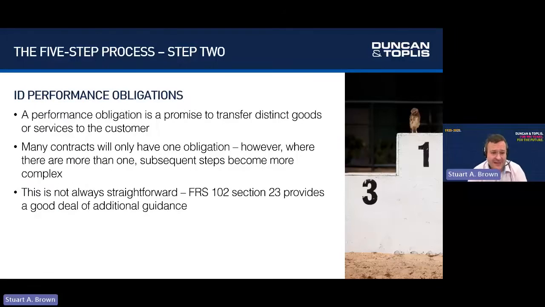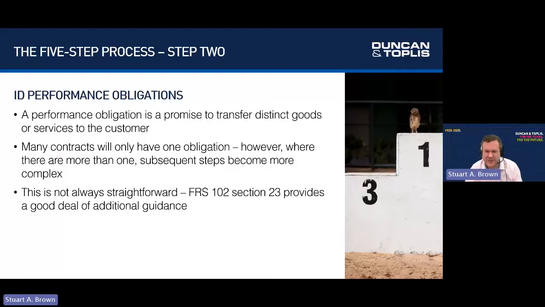Step 2 is to identify the performance obligations within the contract. So this is the promise to transfer goods or services to a customer. Again, this can be very simple. Many contracts will only have one obligation. However, there may be various obligations within the same contract, and it's not always straightforward.